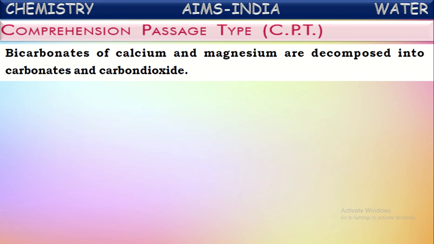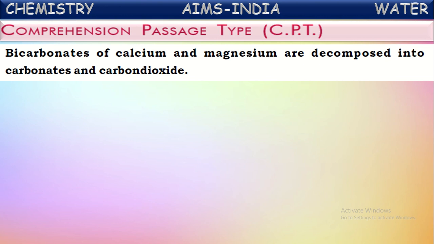In the removal of temporary hardness of water by boiling process, isn't it? When we boil hot water, the bicarbonates of calcium and magnesium, they decompose into respective carbonates and release carbon dioxide gas. These carbonates can be removed by filtration process and thus water becomes soft in nature.